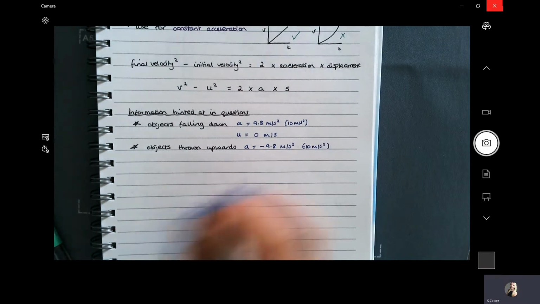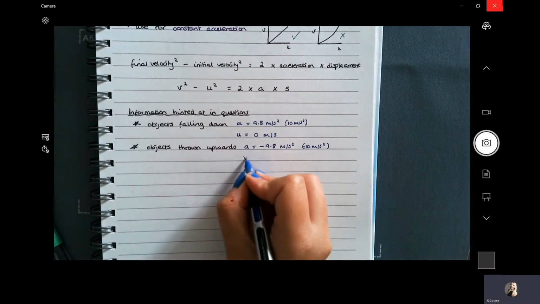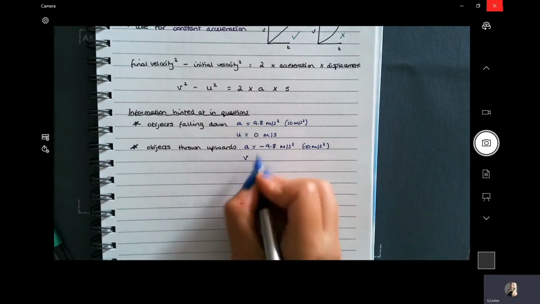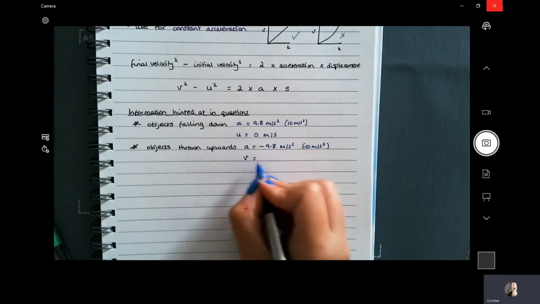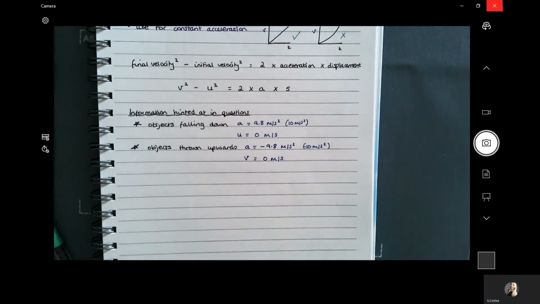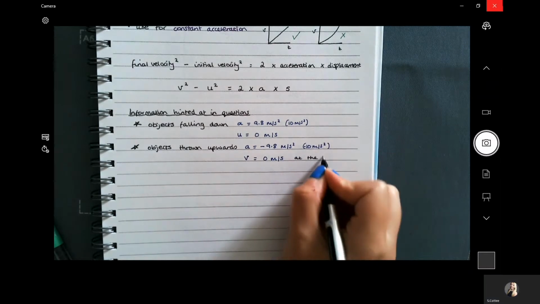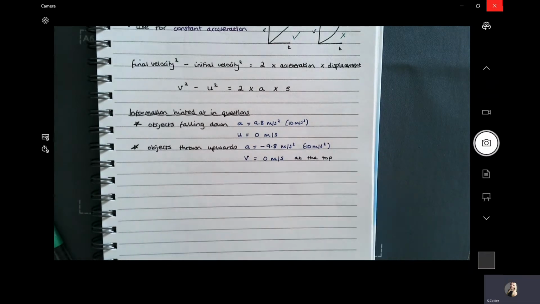If you throw something upwards, it actually comes to rest right at the top of its flight before coming back down. So right at the top of its flight, it comes to rest, and so its final velocity at the top is 0 meters per second.